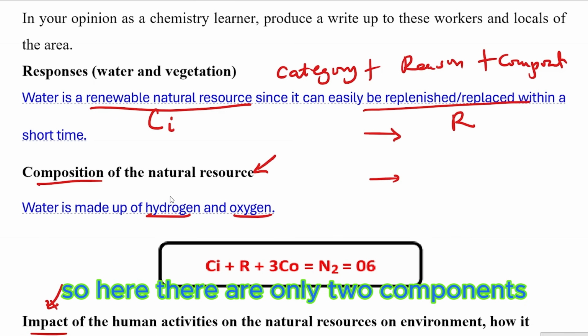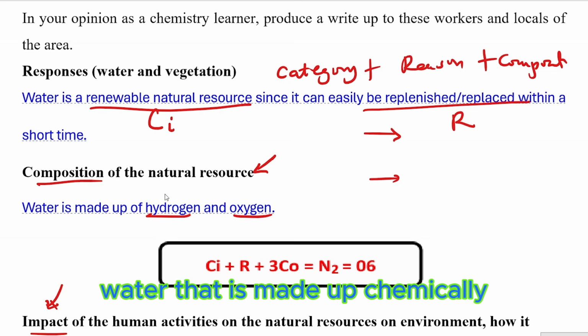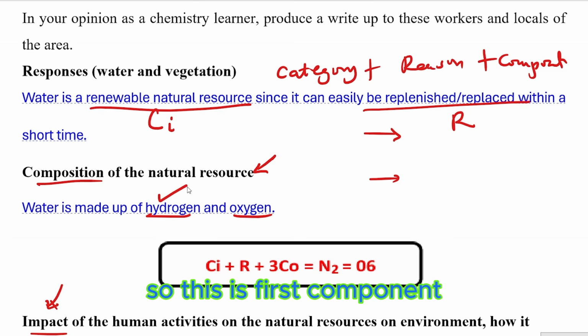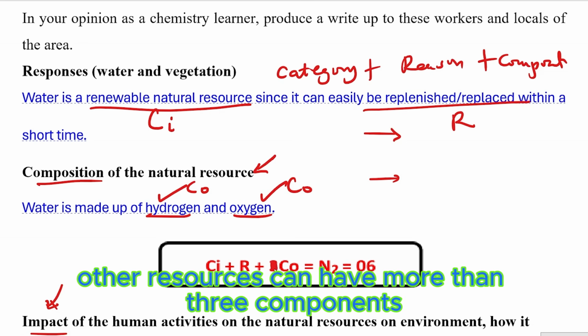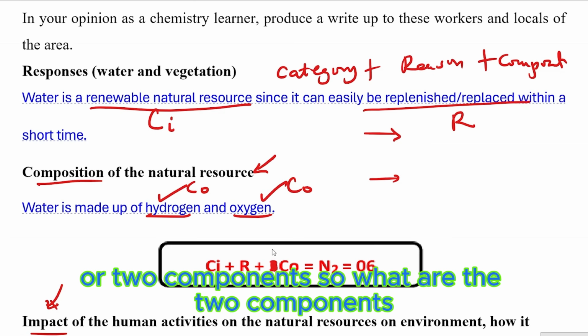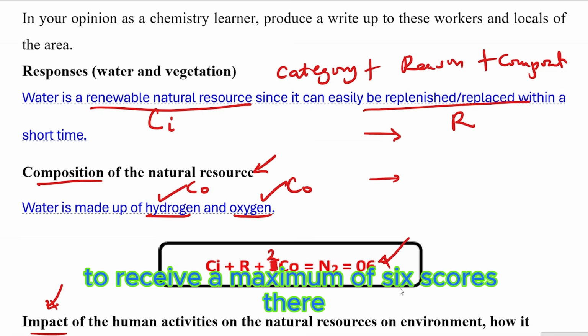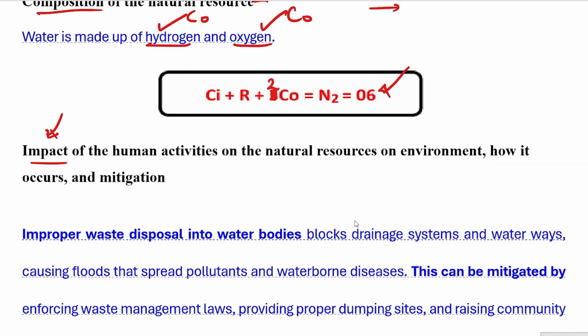So here there are only 2 components. This is the first component, this is the second component. Of course, other resources can have more than 2 or 3 components. So water has 2 components, to receive a maximum of 6 scores there.